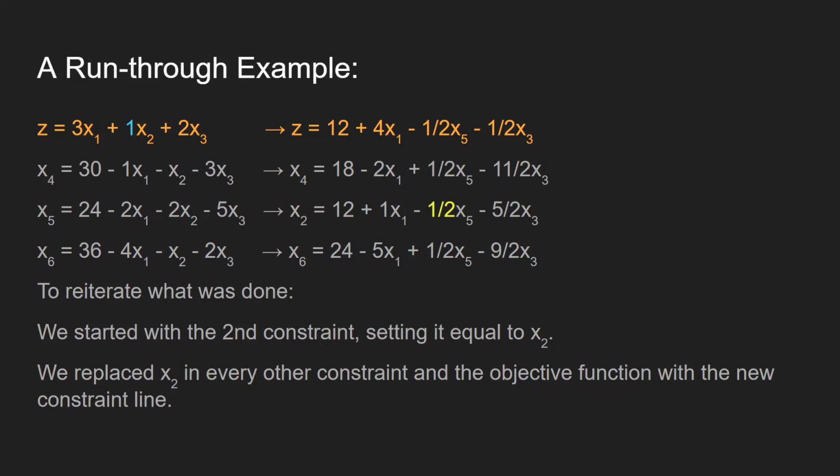And all we did was subtract 24 plus 2x1 plus 5x3. And then we just had to divide the coefficient off of that. And that's how you get the first constraint line. And then for the rest, you just plug in for x2.